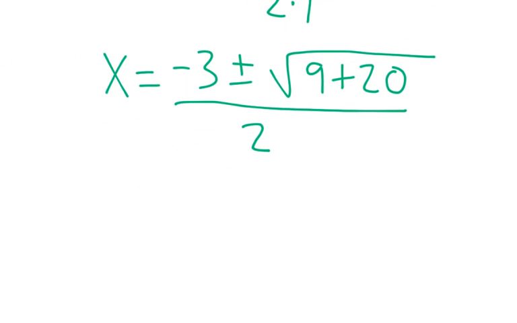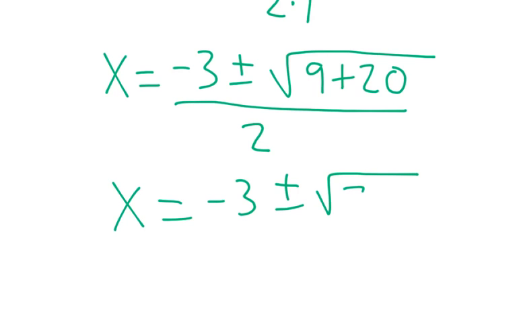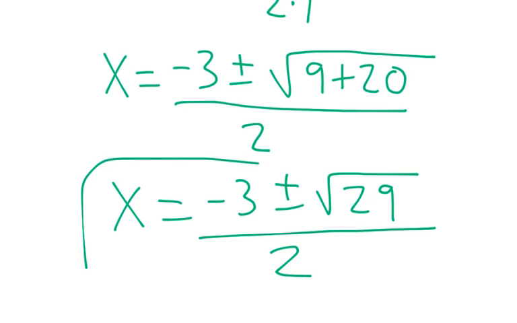So again, x equals -3 plus or minus the square root of 29, all over 2. This root 29, I can't break down any further, unfortunately. Just can't do it. So I'm kind of stuck here.